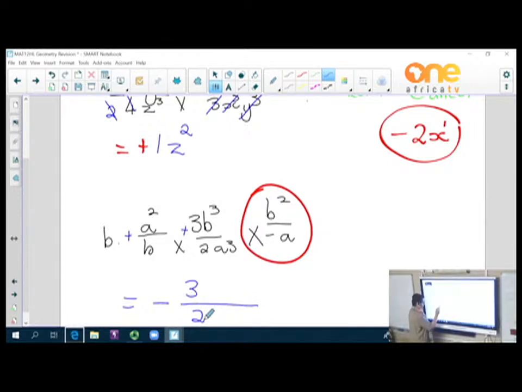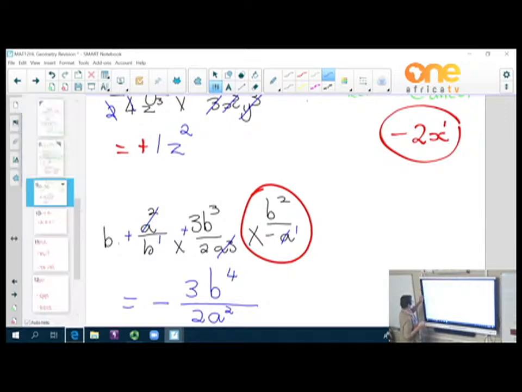We have a^2, a^3 and a^1, so this is a^4. You go where the biggest one is, minus that one, so a^4 minus a^2 is a^2. Now the b's: 3 plus 2 is 5, 5 minus 1 is b^4.